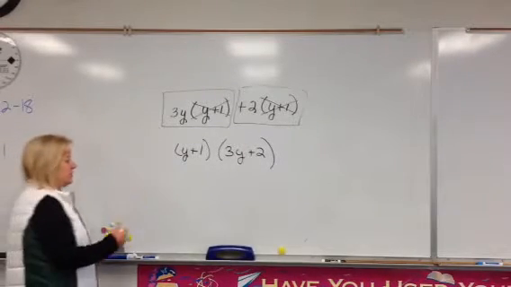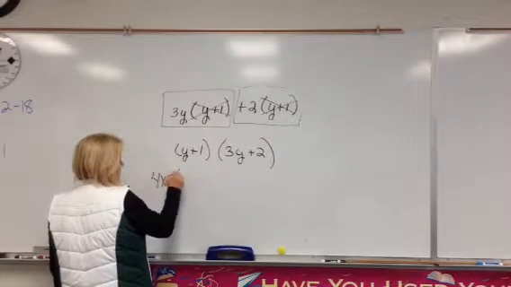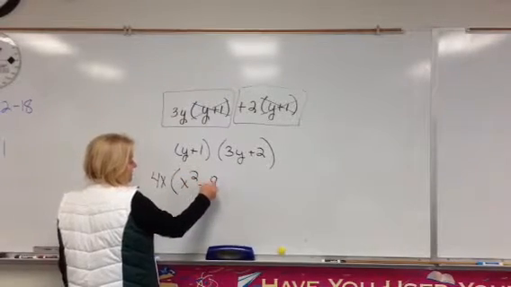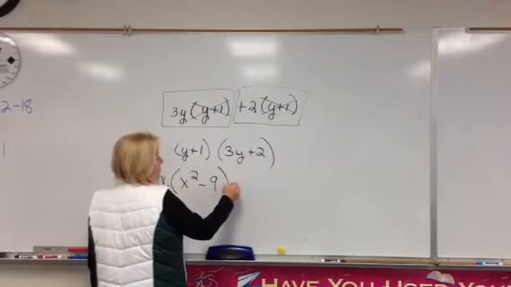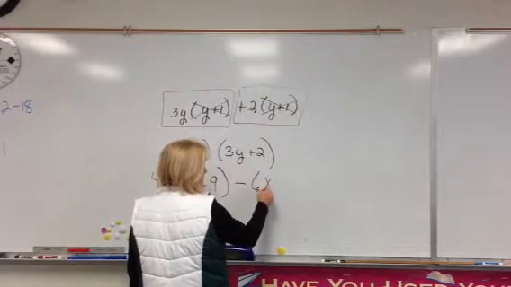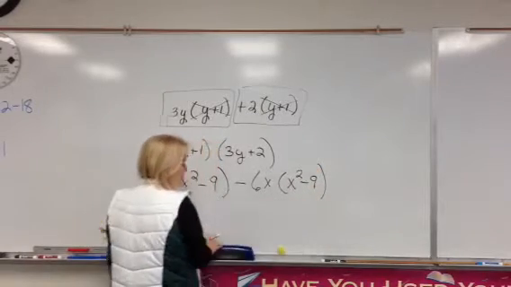Try another one of those. Maybe 4x times x squared minus 9 minus 6x times x squared minus 9.